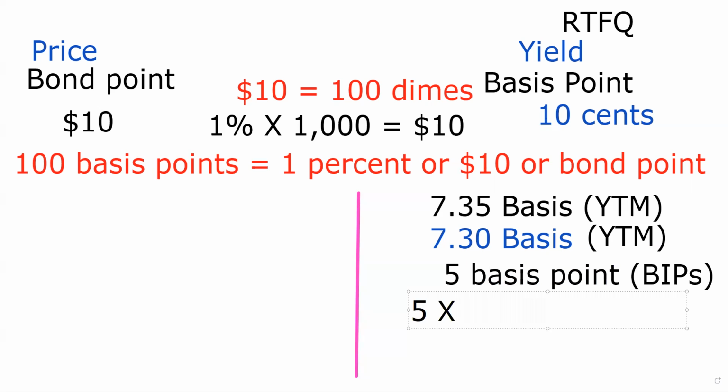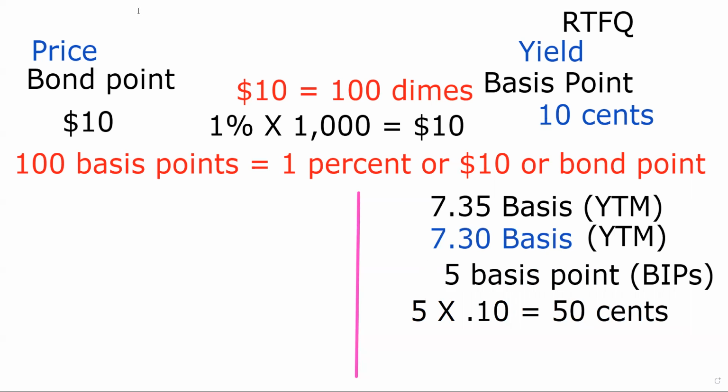You can think of 10 cents as 0.10 of a dollar, 1/100th of $10. We multiply that, and we get the change is 50 cents.